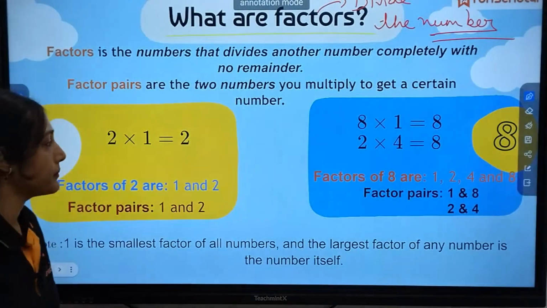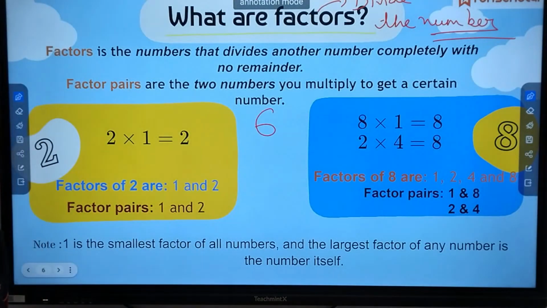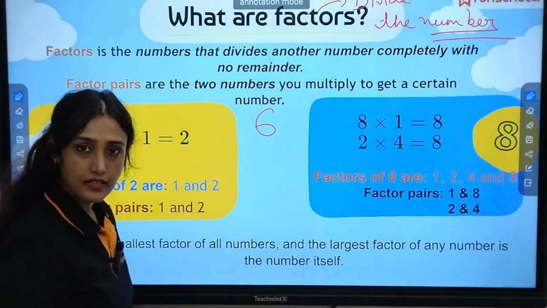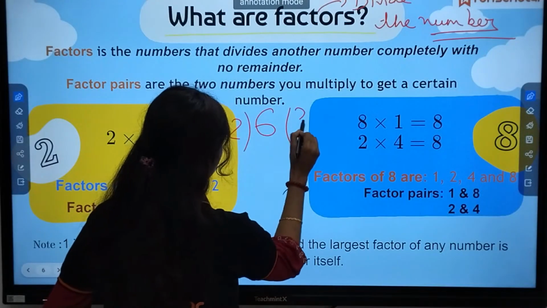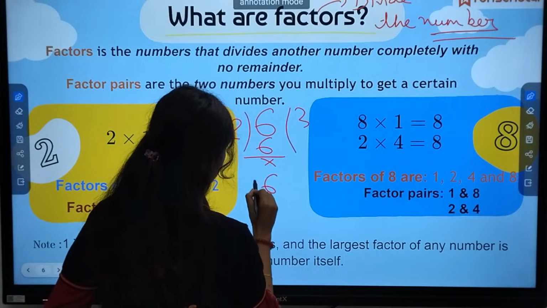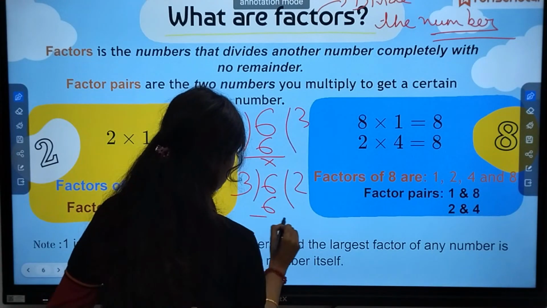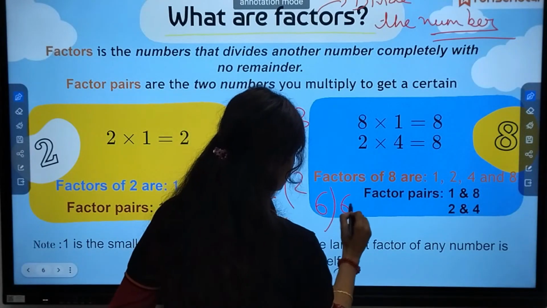If I take a number, suppose 6. Okay? So, how can we divide 6? We can divide 6 by 2. 2 3s are 6. Okay? Again, we can divide 6 by 3. 3 2s are 6. We can divide 6 by 6.